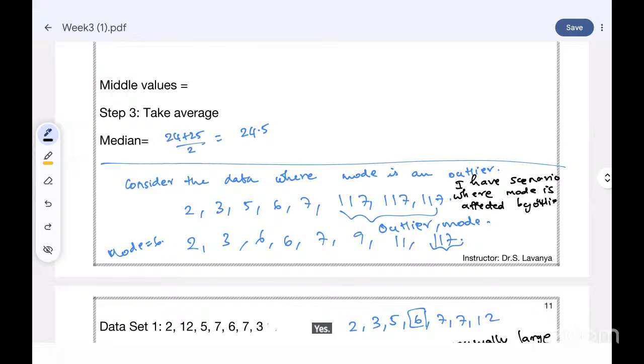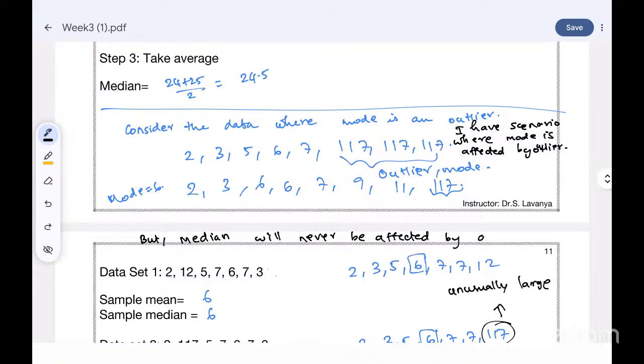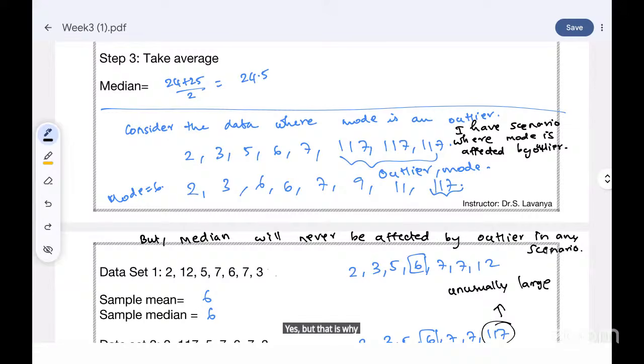But median will never be affected by outlier in any scenario. Whatever is your data set, median will never be affected by outlier, because of its position. That is why median is more robust.